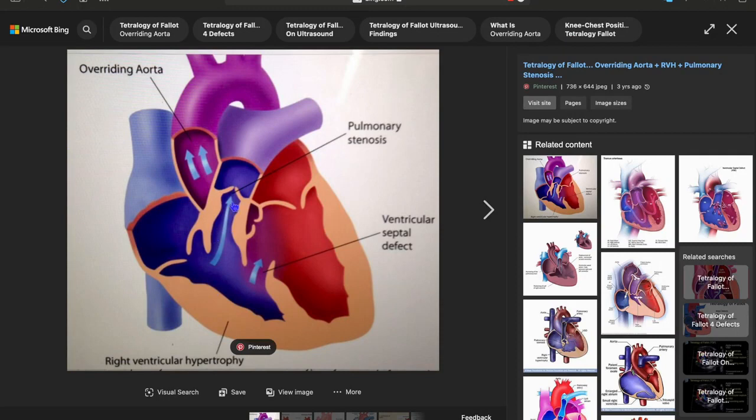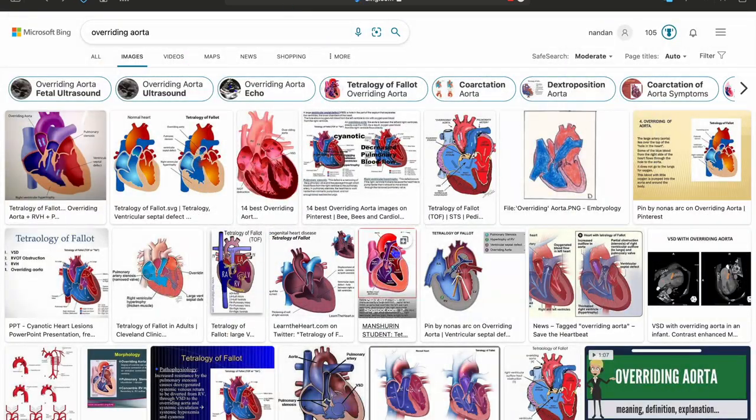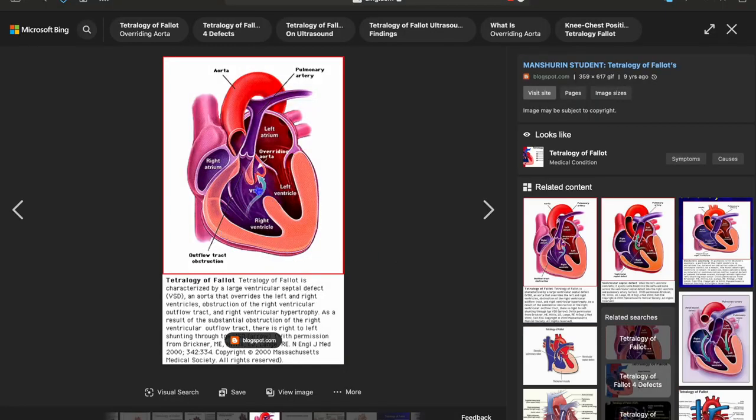So pulmonary stenosis, and okay, that's what it is. So this is the pulmonary trunk, this is the aorta, and then the VSD is right here, right?